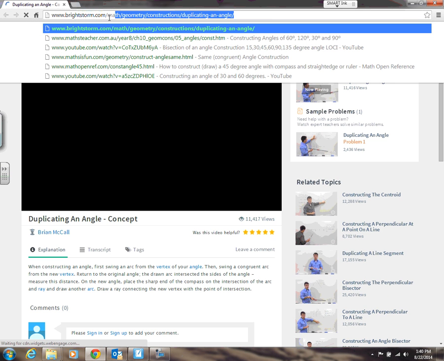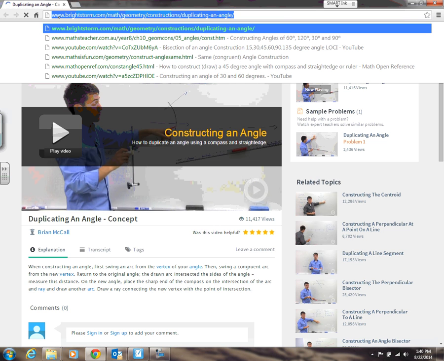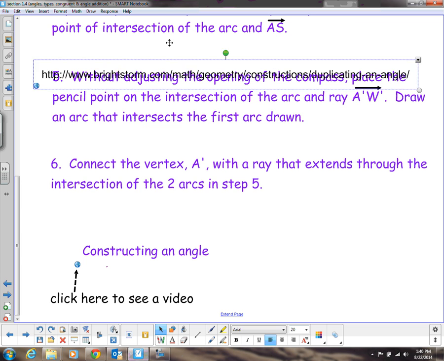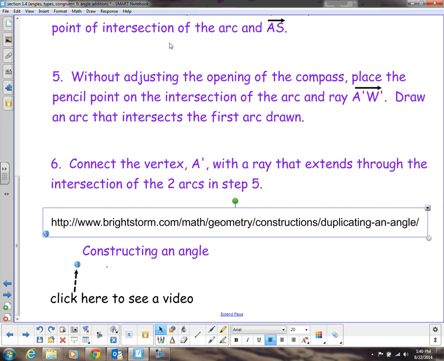I'm going to copy this, go back to our notes, and paste it. So if you want to watch someone else do it, then go to that website and it will work.